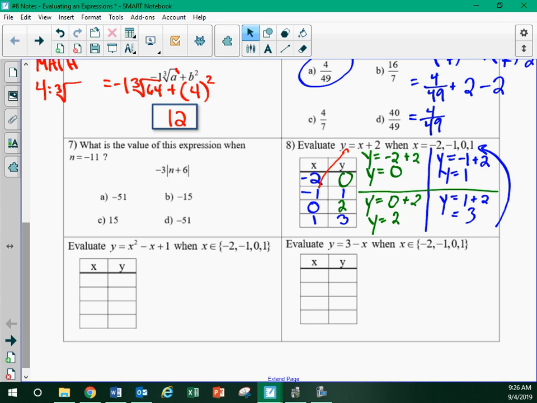It's another way of saying it. Yeah, so for this, when you go down here, every time there's an x, you replace it. So you would have -2 squared minus -2 plus 1. With this one.